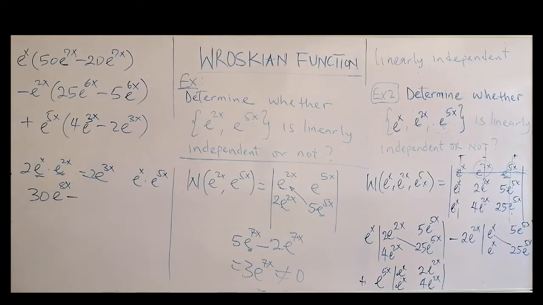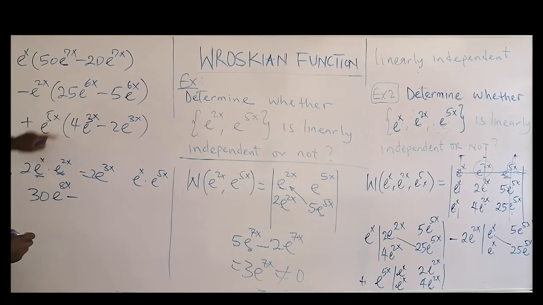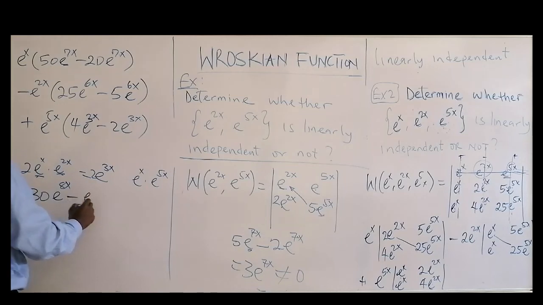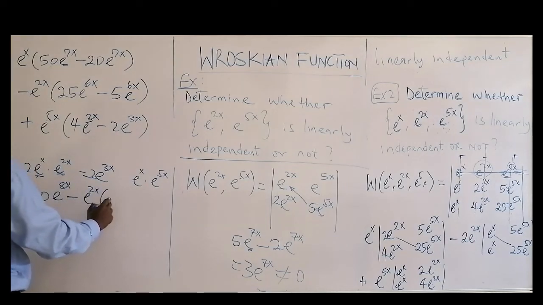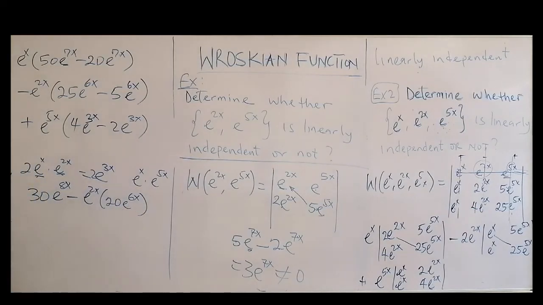So that will be 20e^6x, times this one, we have e^2x into bracket 20e^6x. I don't want to make a mistake there, so I'll take it one by one. Then here, the last one, we have e^5x into bracket 4 minus 2, that's 2e^3x.